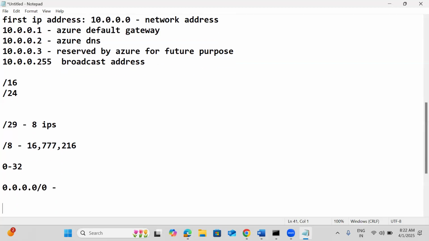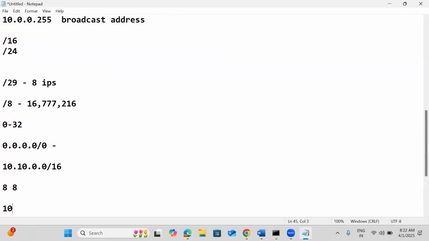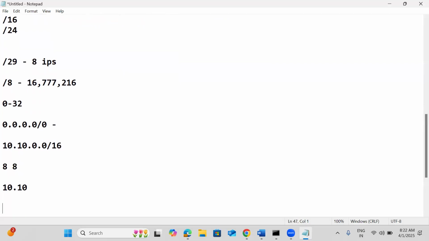Okay, so then if I use 10.10.0.0/16, it means my first 10 series is fixed, then the next 8 bits, 10.10 is fixed.